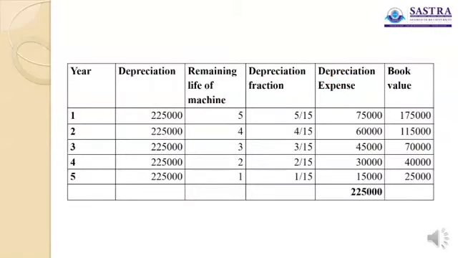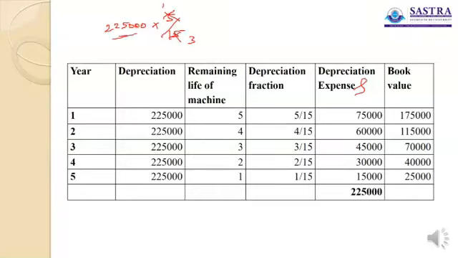See, first year the depreciation is 2,25,000 into 5 by 15. So what happened? 2,25,000 into 5 by 15, that is 1 by 3.